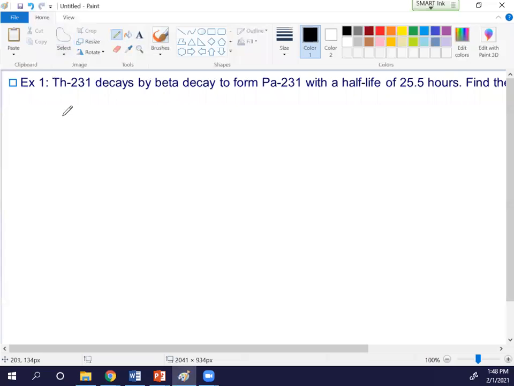So we had our two equations for first order reaction: ln of A_t over A_0 equals negative Kt, and the other equation was t1/2 equals ln2 over K.